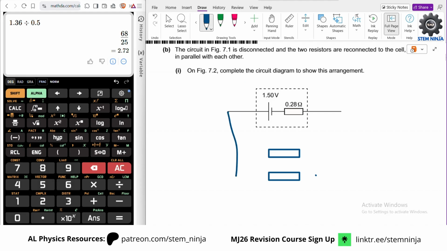So we have it like this, so this line, and this line, and this line.